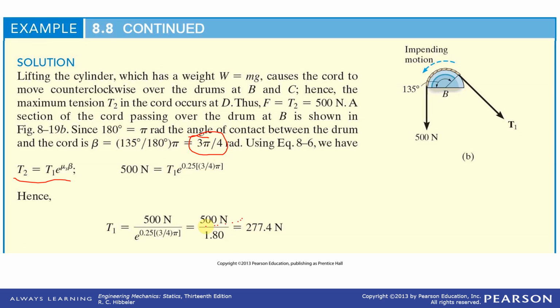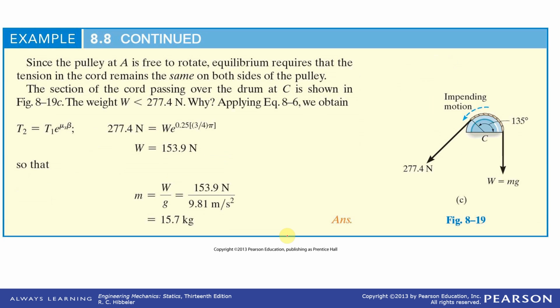And solve for T1. Now, the next side, we're taking that value of T1. Now we're finding what the weight has to be. We're doing the same analysis.